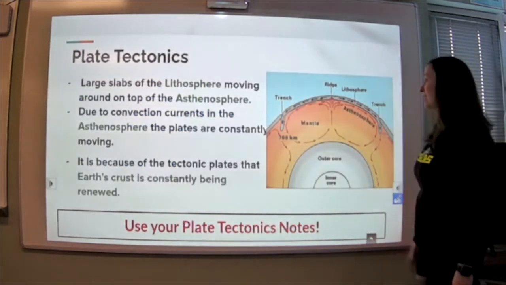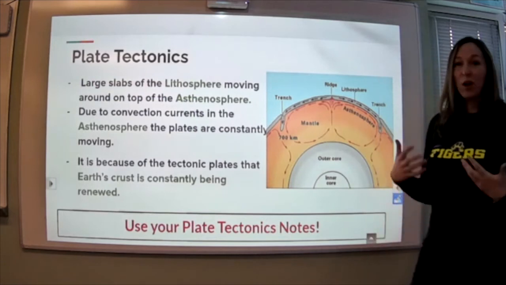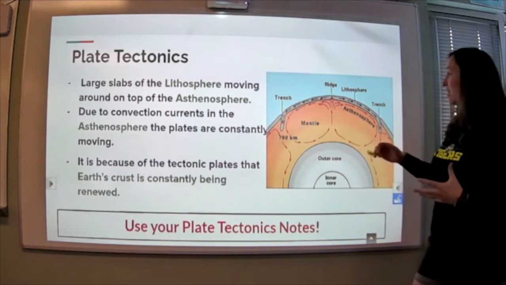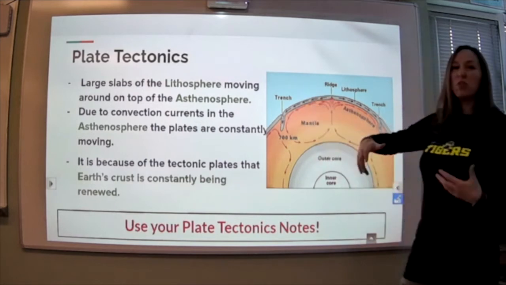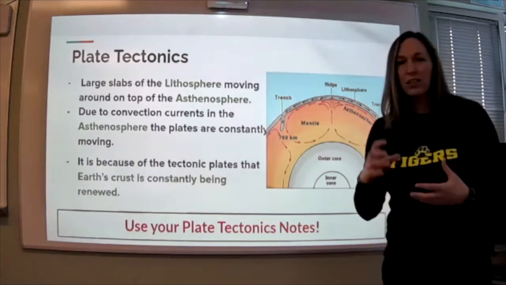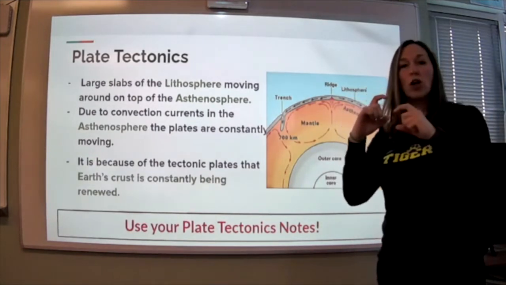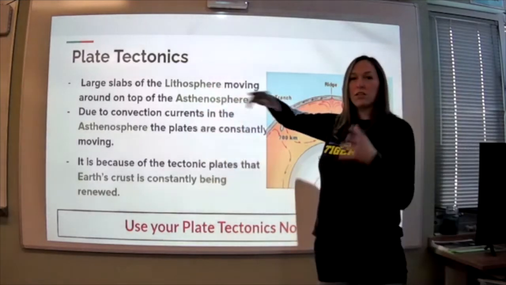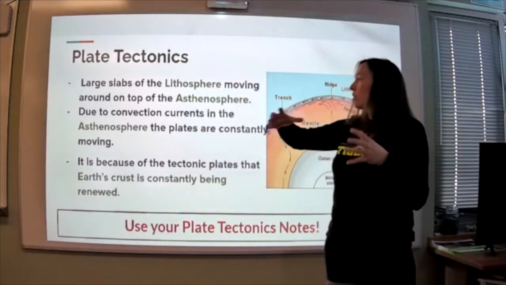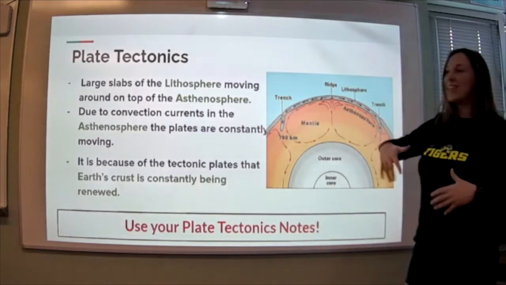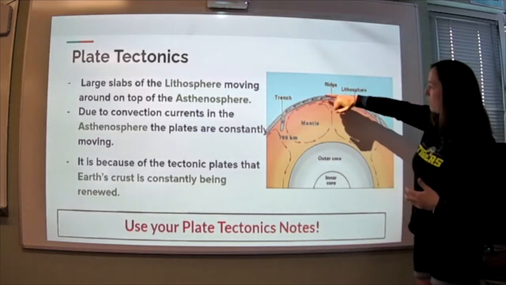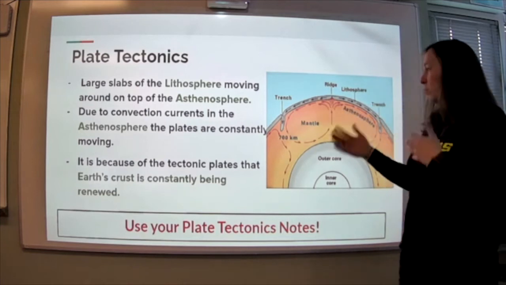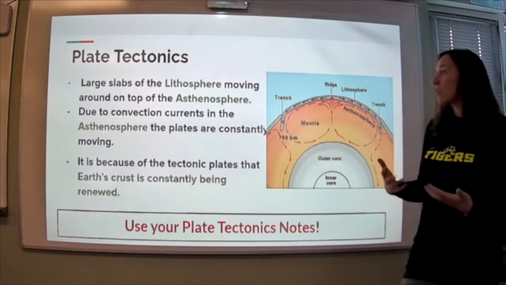Plate tectonics is driven by convection currents in our mantle. Overall, plate tectonics is the idea that we have large slabs of lithosphere. Remember that solid rock, the crust plus the top hard layer of the mantle? That's the lithosphere. Plate tectonics says we've got chunks of lithosphere moving around on top of the asthenosphere, and the asthenosphere has the plates constantly moving because of the convection currents in there.